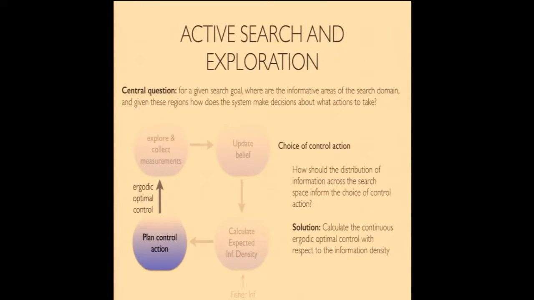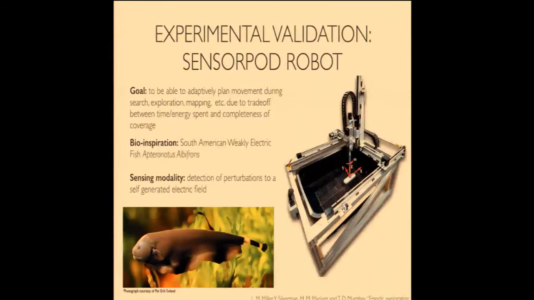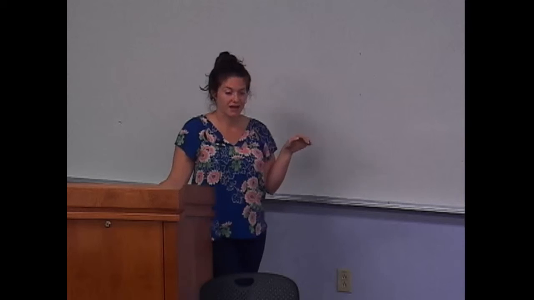So everything I've been talking about has just been this little lower left-hand block where you're planning control algorithms based on a distribution. But we want to be able to start to fill in all of these different blocks for particular applications. So some previous work that I've done, I'm going to use to explain what those pieces might look like. And those pieces are very application dependent as well.